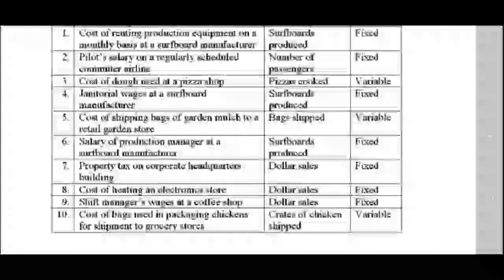It is a non-manufacturing cost, because it is not related to manufacturing. It is not related to the factory. And remember, a non-manufacturing cost can be divided into 2 categories: selling cost and admin cost. So is property tax on the corporate headquarters building a selling cost or admin cost? It is an admin cost.